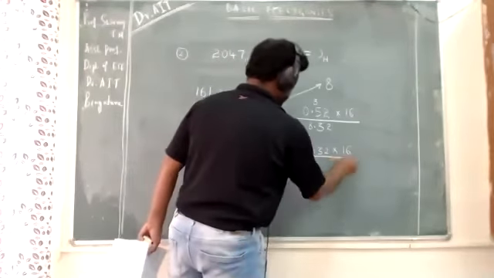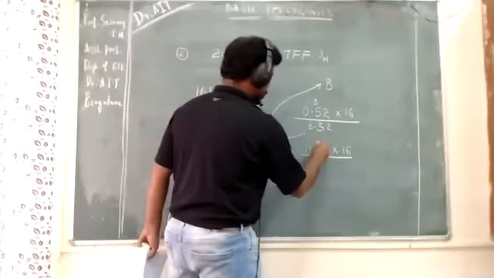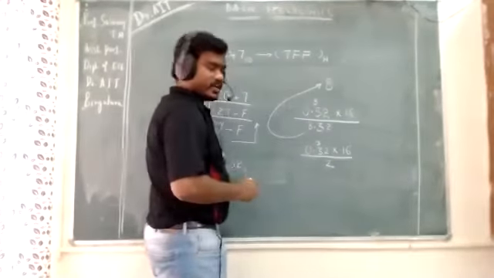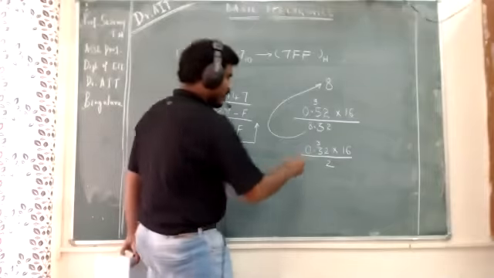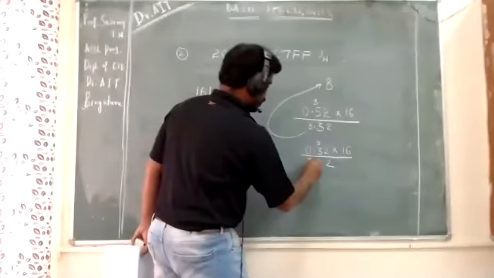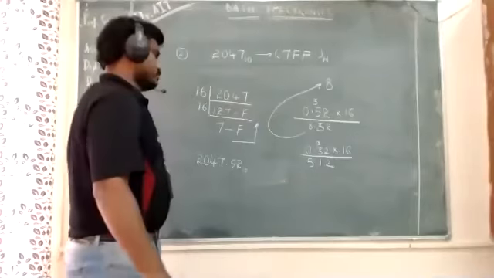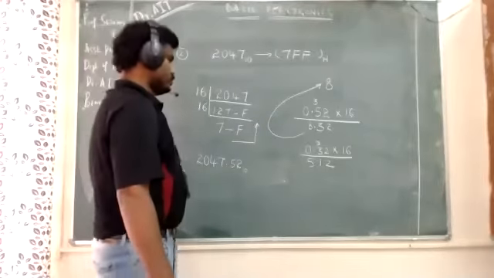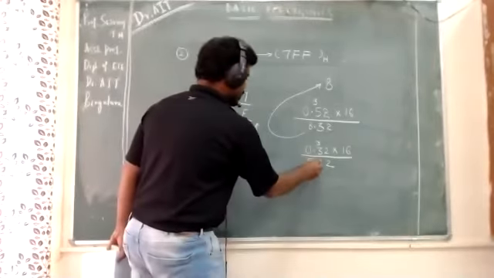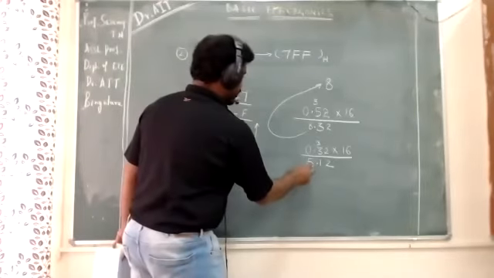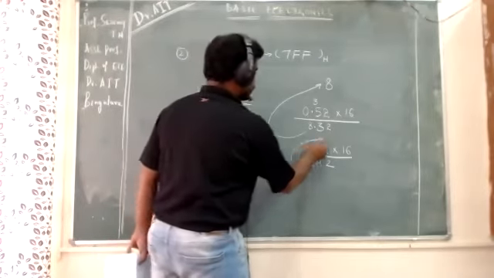So you will get 16 2s are 32, 16 3s are 48. So 48 plus 3, 51. Okay, now I can represent 5 here like this.